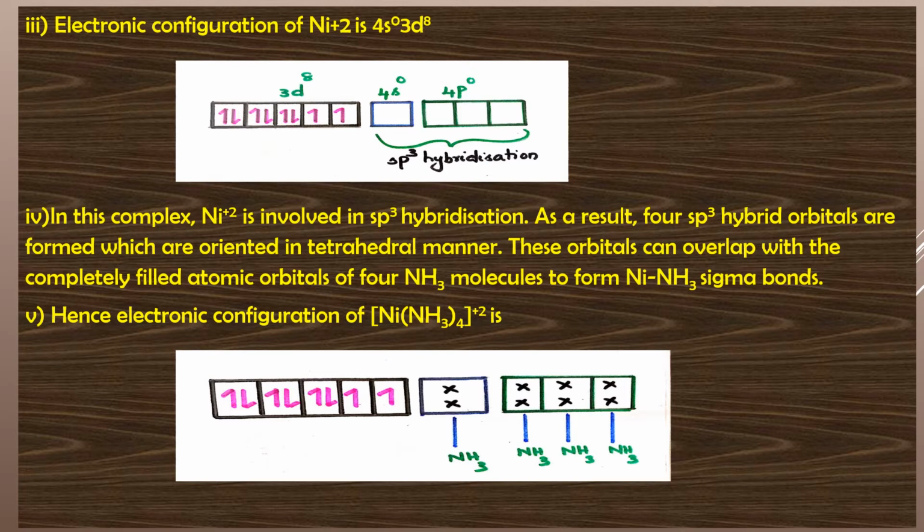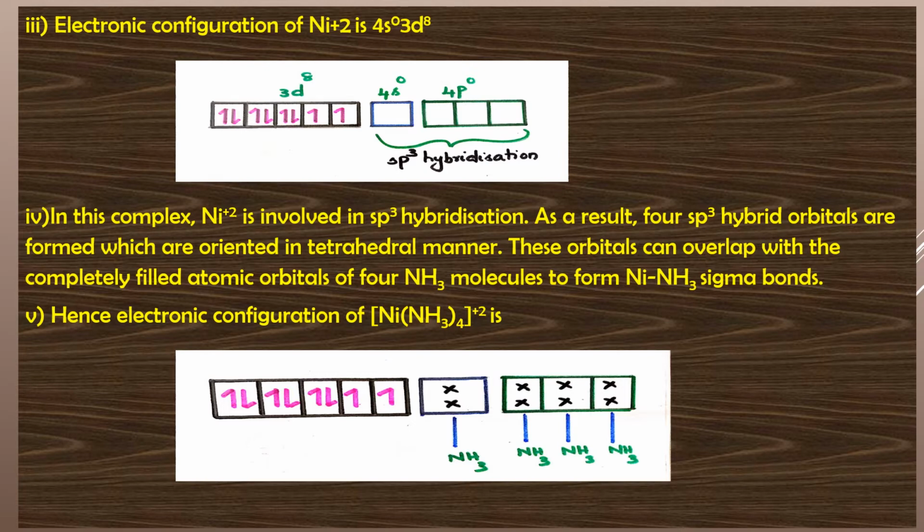These orbitals overlap with the filled orbitals of 4 NH3 molecules to form Ni-NH3 sigma bonds. Students, you understood how 4 sp3 hybrid orbitals are obtained.